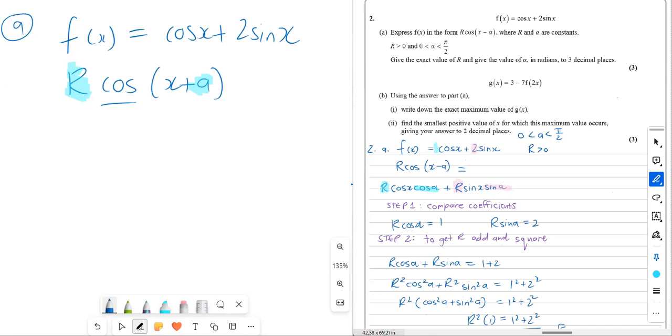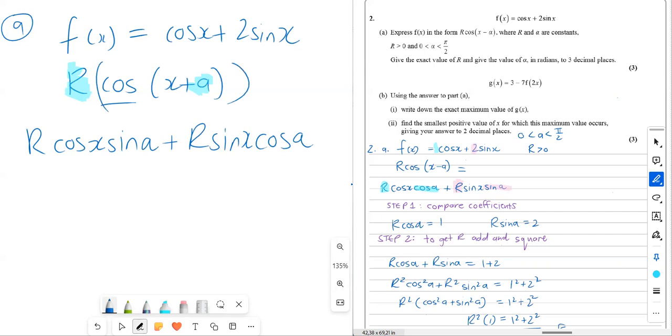So if we expand this, it will be R cos x cos alpha plus R sine x sine alpha. This is just expanded using the identity, and then I times the R in to both. Okay, so that's where the R's came from.